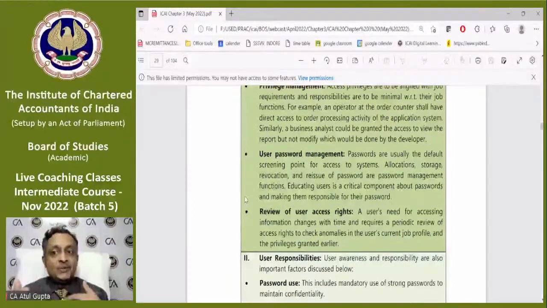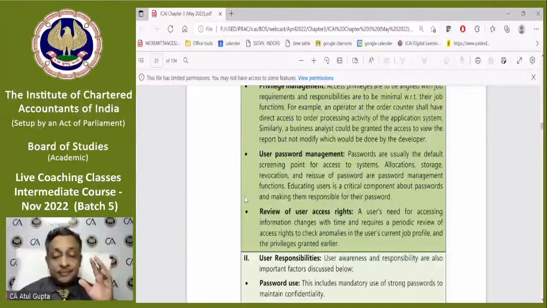And the combination of the password, the users management, password management concept. And review of user rights. Yes, very, very important. I told you this topic is very important.